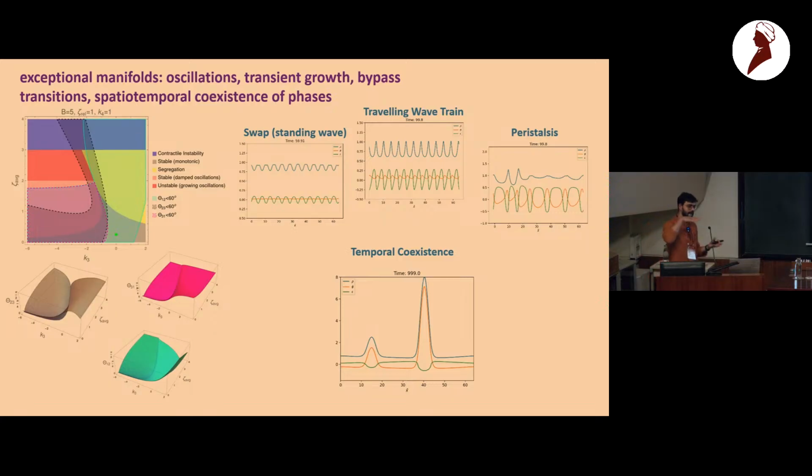In pipe flow, your Reynolds number is very far below the critical Reynolds number, but you still get into a turbulent regime. That route is called bypass transition to turbulence, and it is related to these exceptional points. And in our system, we have exceptional manifolds, parameter surfaces on which eigenvectors are collapsing.